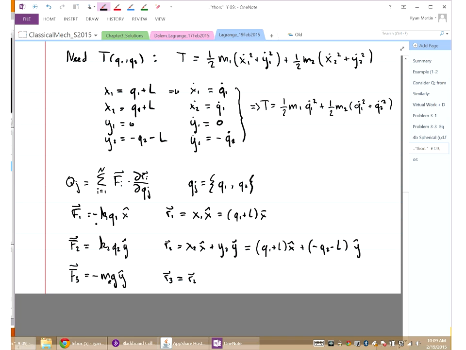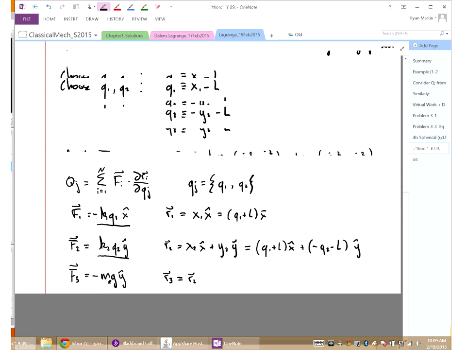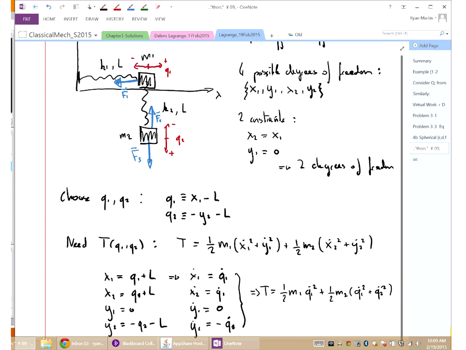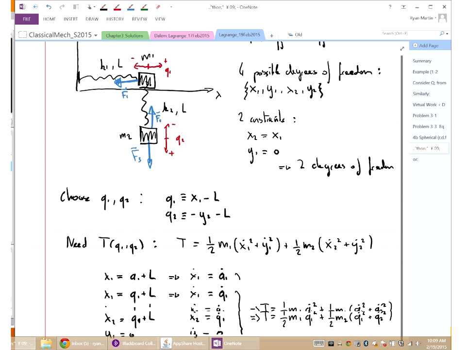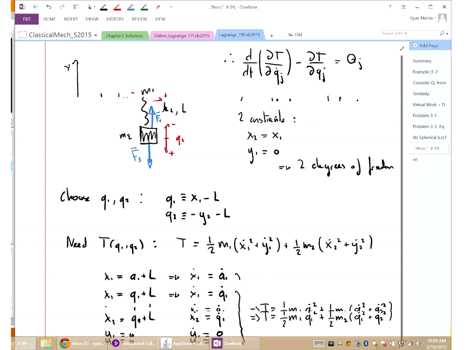That way, when I make my diagram and I write these forces here, I don't have any doubts that the magnitude is truly k1 Q1, and then I can assume that I've drawn the springs in extension, and then I can assign the direction of the force.